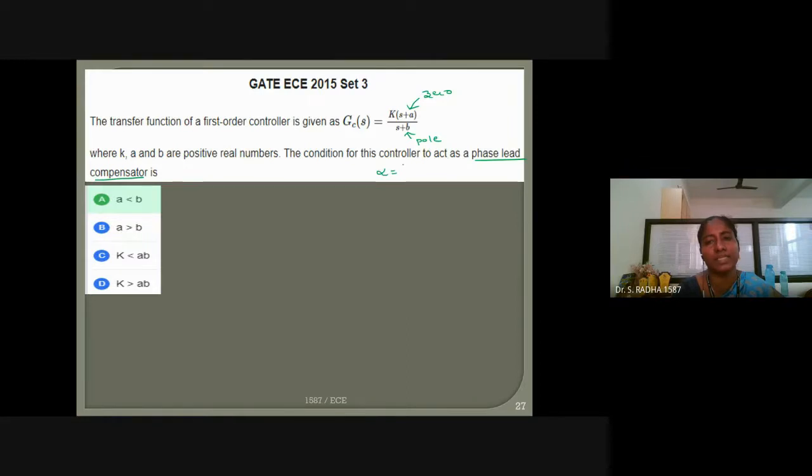Alpha in a lead compensator is the zero by the pole, and it is a value less than 1. So alpha is A by B, less than 1. So A is less than B is the final answer. Option A is the correct answer. This was a GATE 2015, 1 mark question.